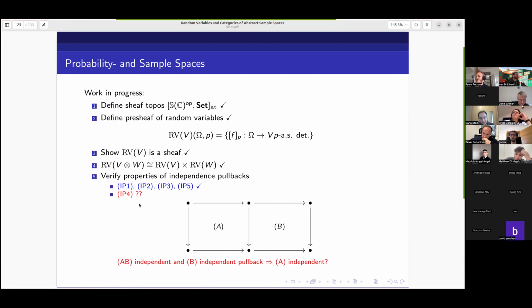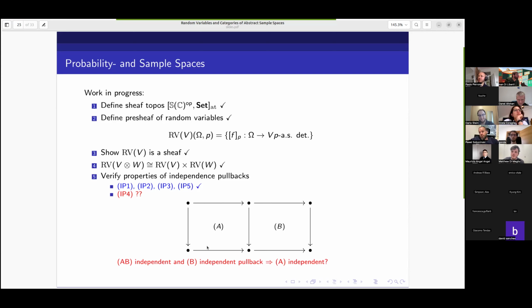I mean, the axioms for independent pullbacks were chosen so that indeed they mirror some of the properties that pullbacks have automatically, but just with respect to independent squares. I don't know. I could prove more properties than these axioms, which are also mentioned in Alex's paper, which hold automatically. It's just that I think there's something about IP4 that just needs details, and maybe it needs an extra assumption on the Markov category. Maybe not. Let's find out.